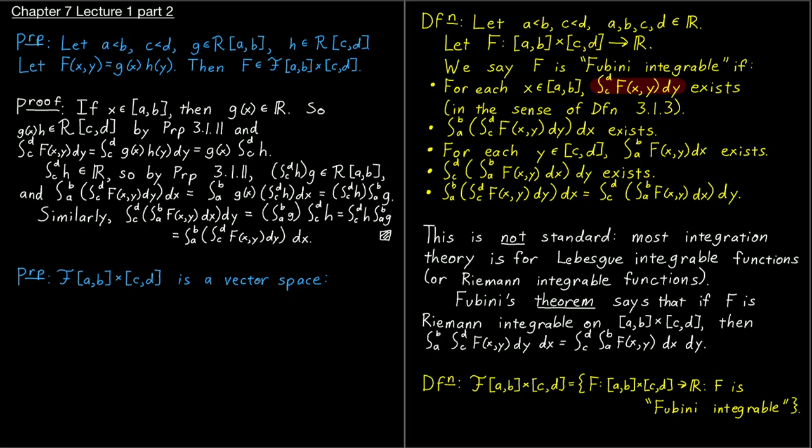That means that if f and g are Fubini integrable, and alpha and beta are two real numbers, then the linear combination alpha f plus beta g is also Fubini integrable.